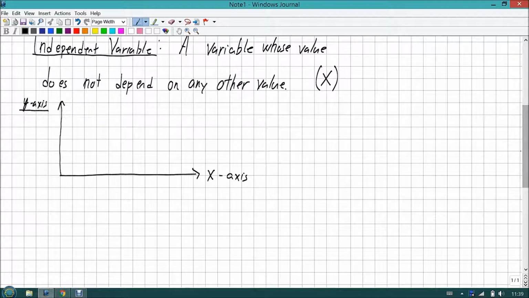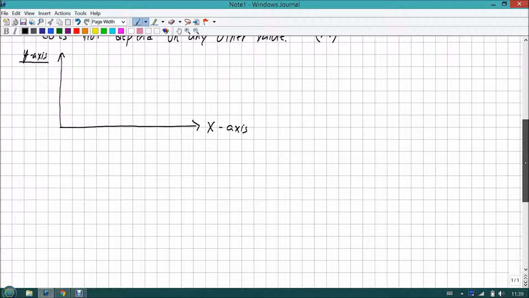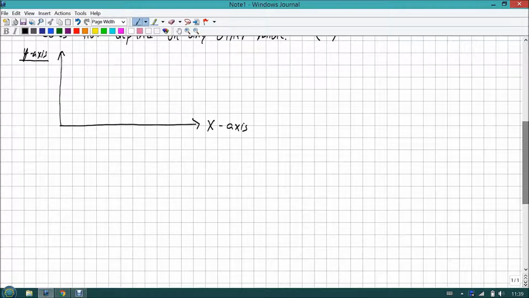So we have our independent variable, our dependent variable, our x-axis, and our y-axis. And now the graph itself can do a lot of interesting things. For an example, the graph could just remain steady and not change.